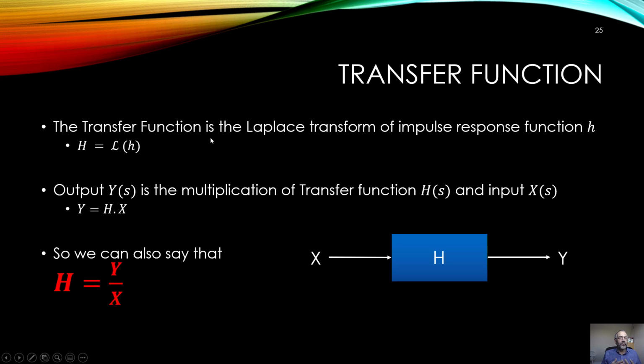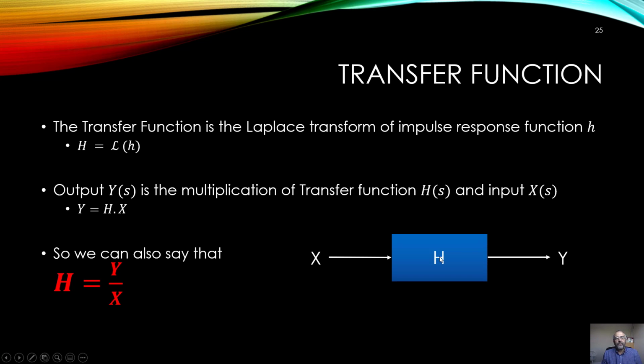Very often we don't even talk about the impulse response function anymore. We only talk about the transfer function. So very often, almost everything we do is only in the S domain, and we don't even consider the time domain anymore. But every system has a transfer function. Sometimes you know it, sometimes you don't, but every system has it.